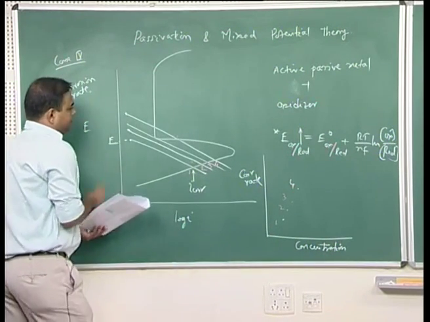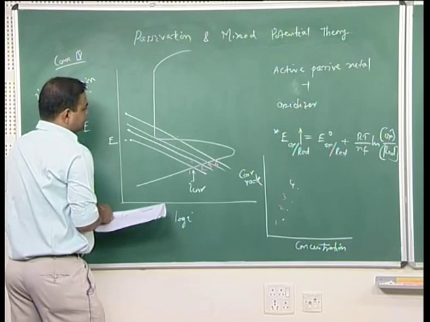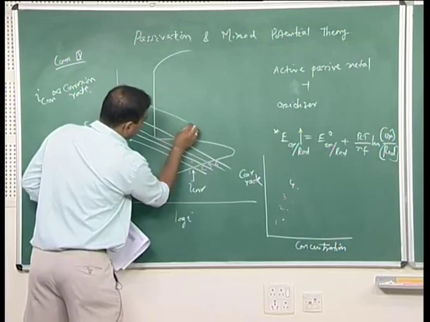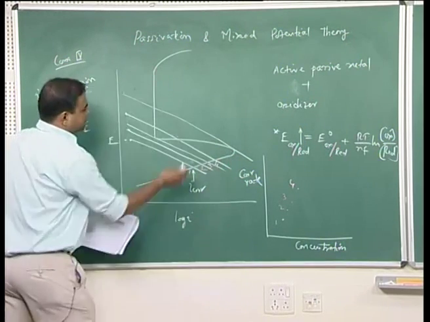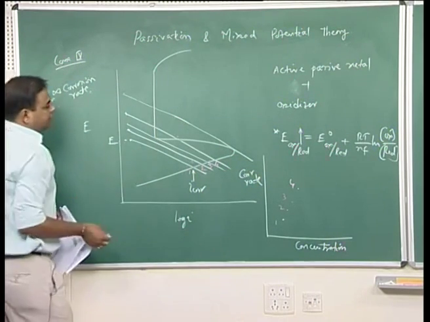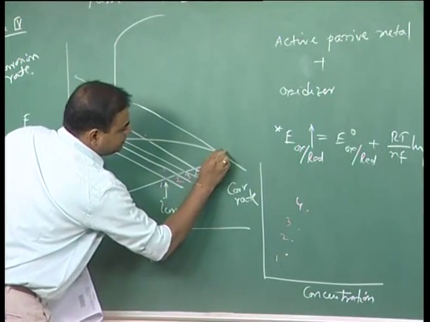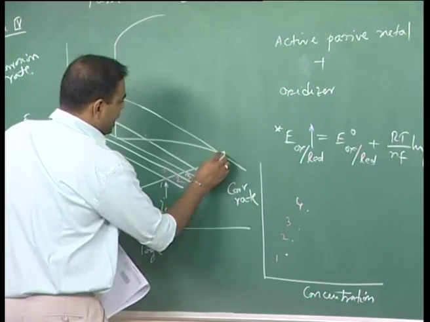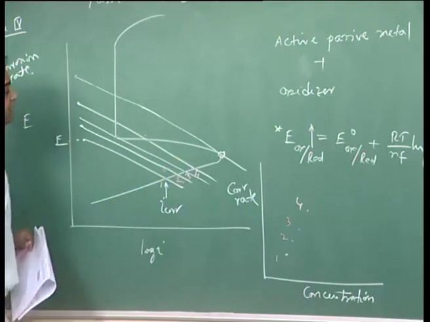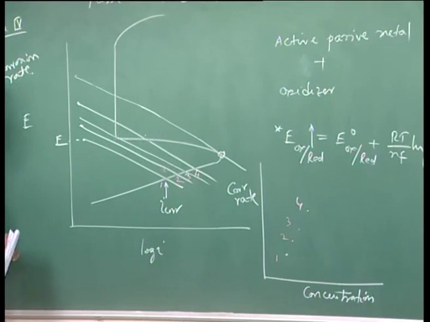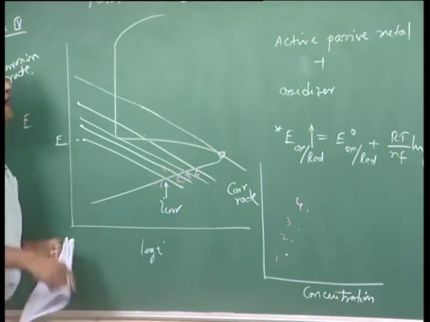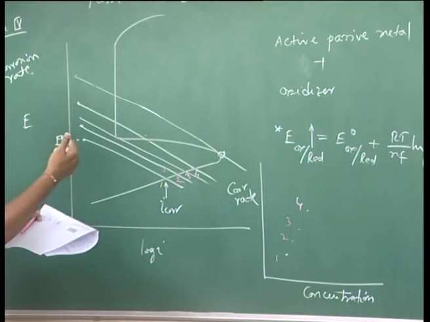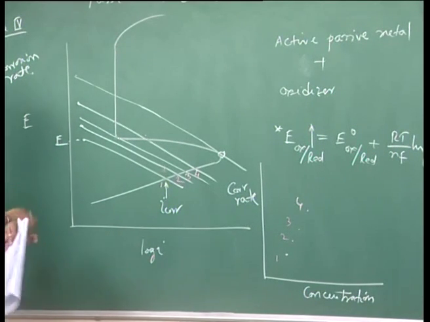Now, I raise this concentration in such a manner that I cut this anodic polarization line in the critical zone. So, that time I will have this point as well as this point, but since we have started with a freshly prepared surface, at this point I have an equilibrium between the rate at which the oxide layer is forming and the rate at which metal dissolution is taking place.